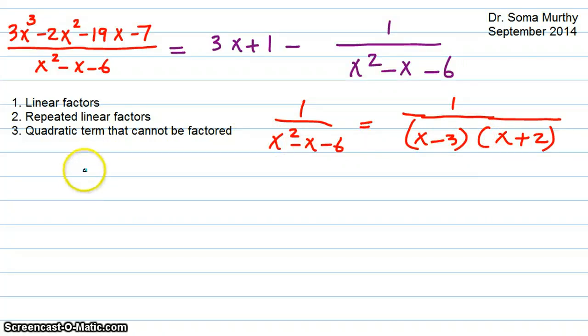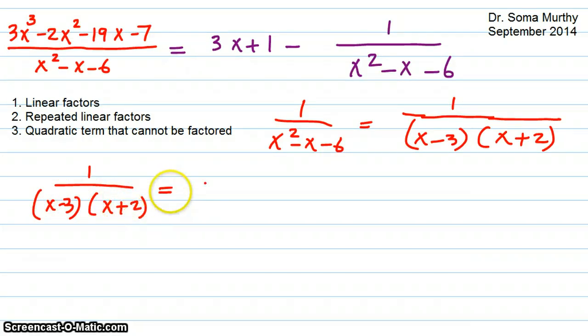So I could write 1 over x minus 3 times x plus 2 as A over x minus 3 plus B over x plus 2, where A and B are just numbers and we need to find out what the values are of those two numbers.